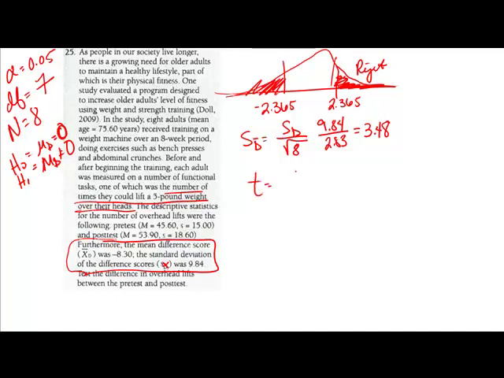T is going to equal negative 8.30 minus 0 divided by 3.48.